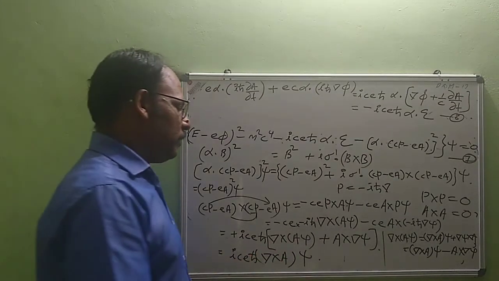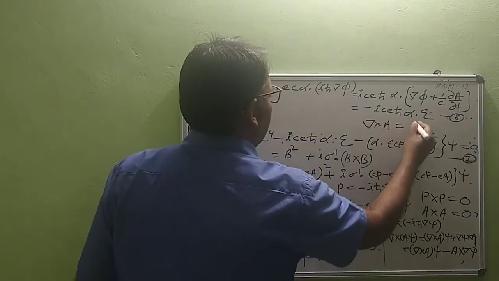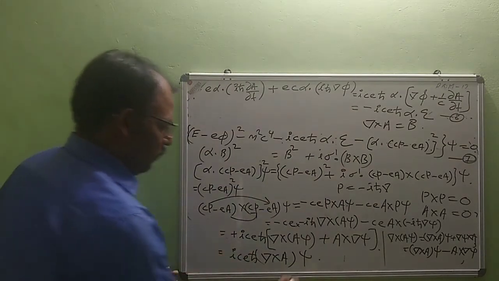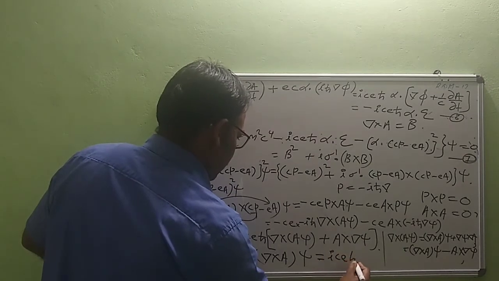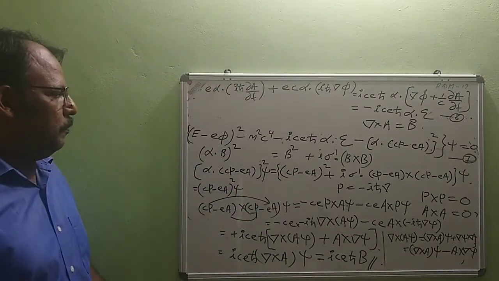What is del cross A? Del cross A is nothing but the magnetic field intensity B. So instead of this del cross A, we can write it as i e h bar B. This is the magnetic field intensity B.